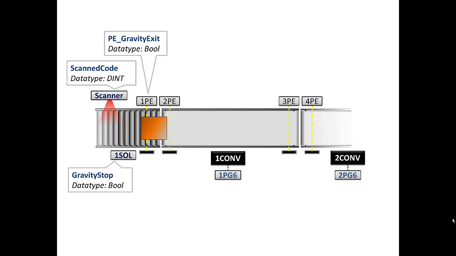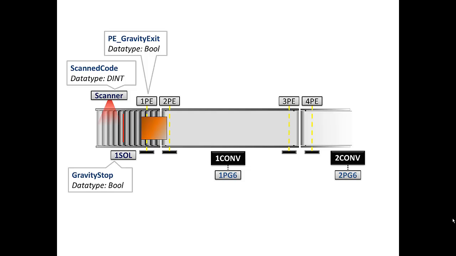It's the exit of the gravity conveyor, and it's a photo eye, so we call it PE underscore gravity exit. Now the reason I always put PE in front instead of behind in the tag names is that way all the photo eyes are accessible in the same spot alphabetically in the tag database.